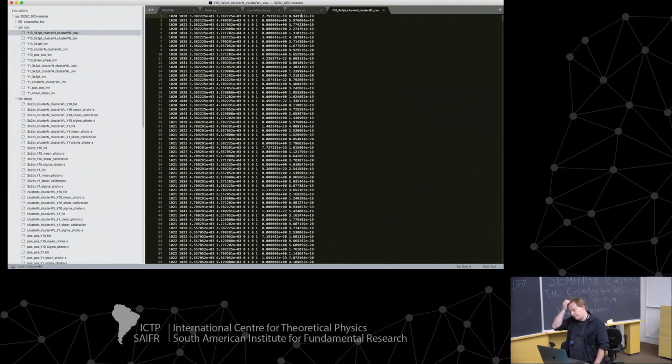We've not really talked about this, but the Gaussian part of the covariance matrix means that you can express it in terms of the power spectrum itself. If your observable is a power spectrum, the covariance matrix would actually be a 4-point function, right? The power spectrum is a 2-point function already, and the covariance matrix would be something quadratic.